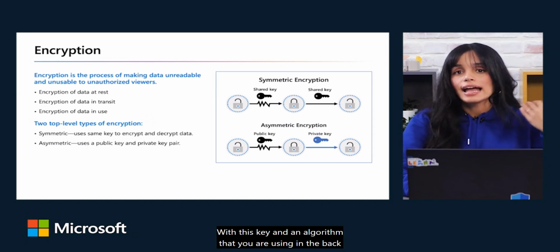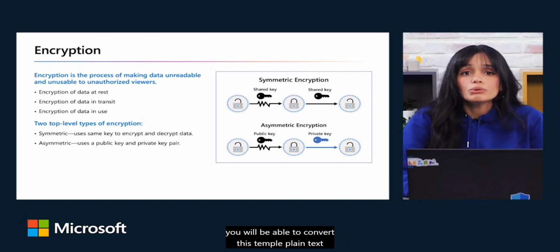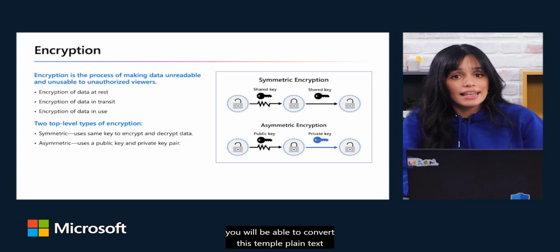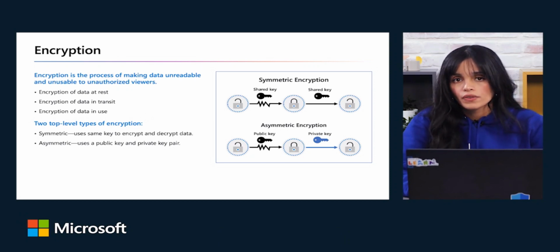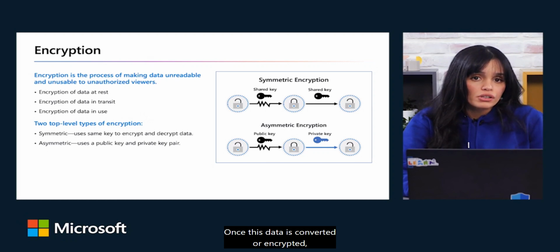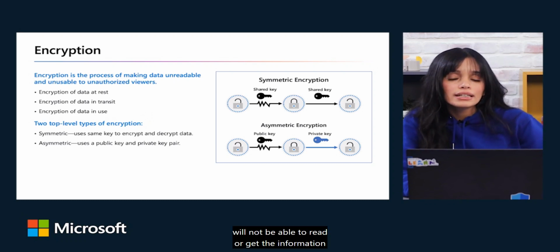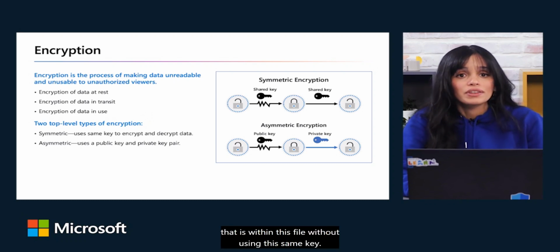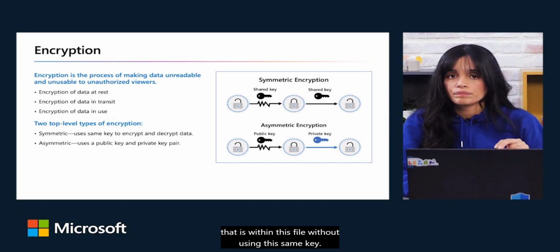With this key and an algorithm that you are using in the back, you will be able to convert this simple plain text into a non-readable format. Once this data is converted or encrypted, anyone that gets access to this data will not be able to read or get the information that is within this file without using this same key.